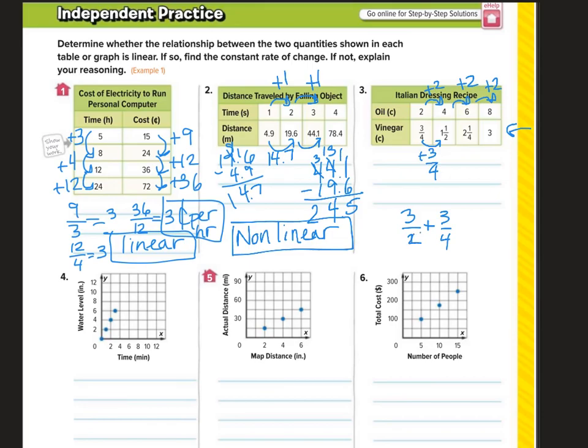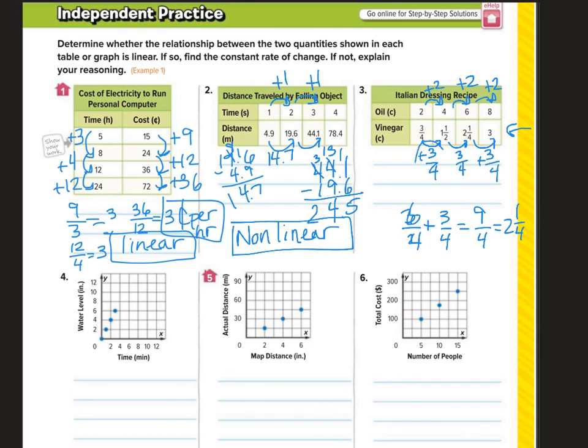So this changes to 4 and this to 6. 6 plus 3 is 9 over 4. 4 goes into 9 2 times with 1 left over. Yep, this is an increase of 3/4. And 2 1/4 plus 3/4 is 3. So it's an increase of 3/4 each time.